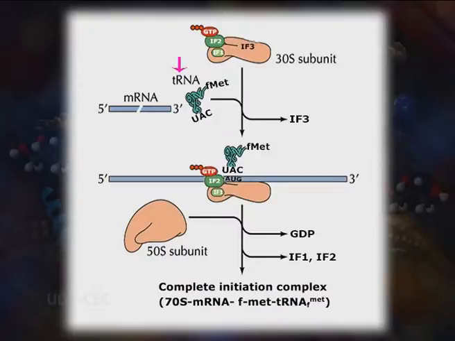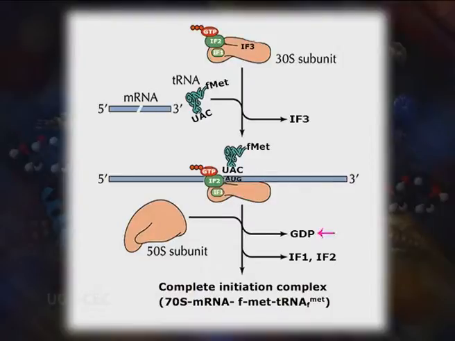Once the initiator tRNA becomes attached, IF3 is released and the 50S ribosomal subunit attaches to the 30S subunit to form the complete initiation complex, that is 70S mRNA F-met tRNA F-met.